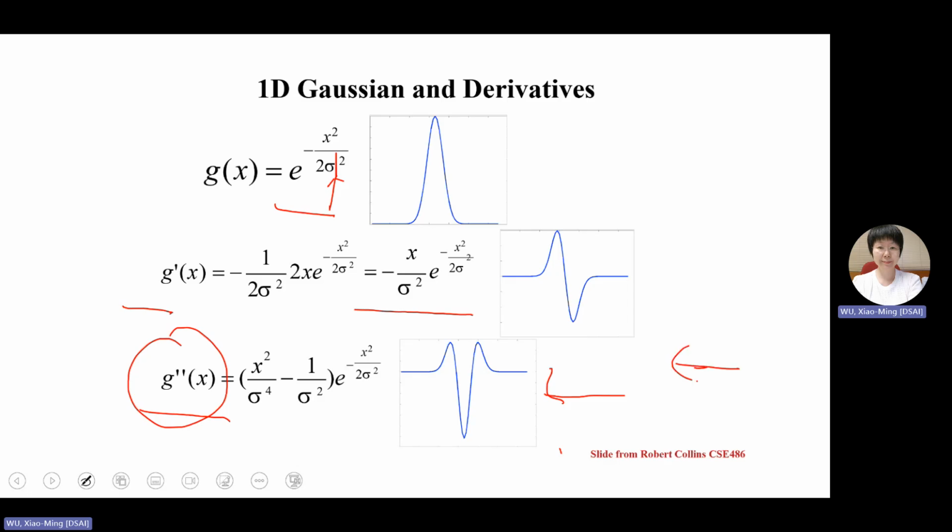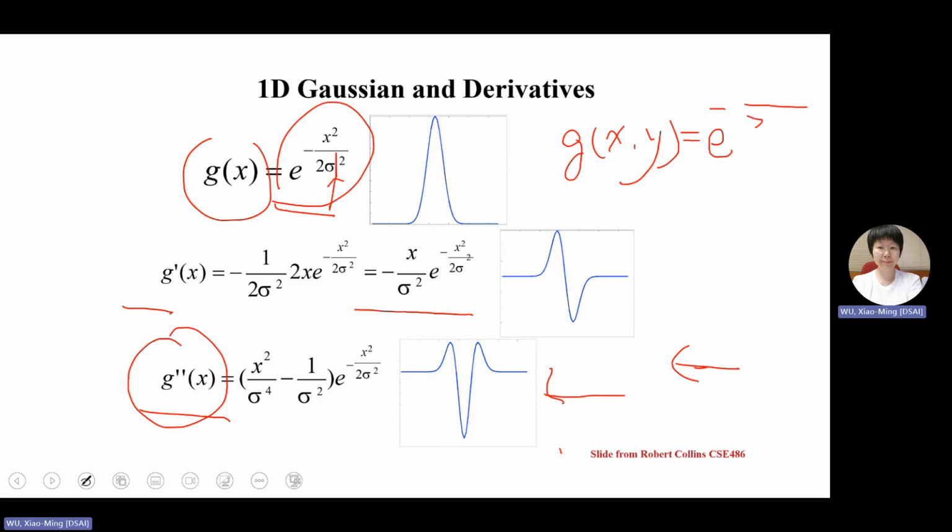But here, the Gaussian function is one-dimensional. Since images are 2D, we will consider G(x,y), which has two variables. In the Gaussian function, the parameter is sigma.